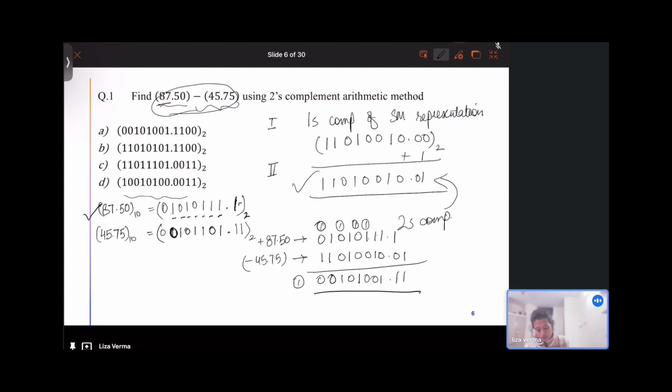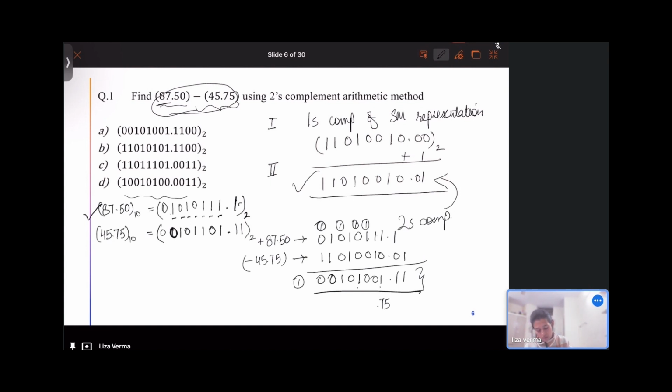And if we want to check what it actually represents, let's convert it back to a decimal number system number. 0.11 we already know is 0.75. This is 1 plus 8, 9, plus 32.